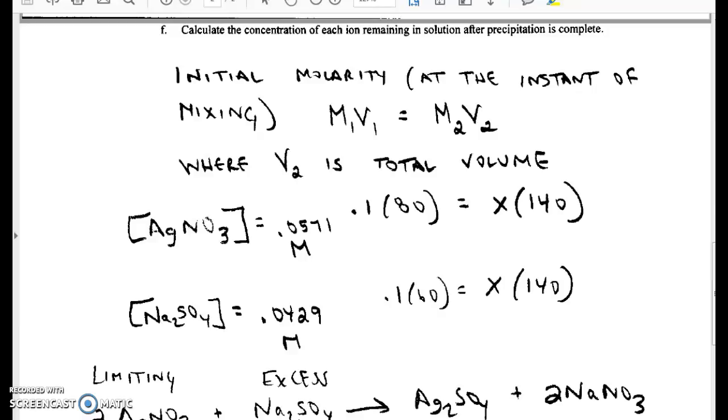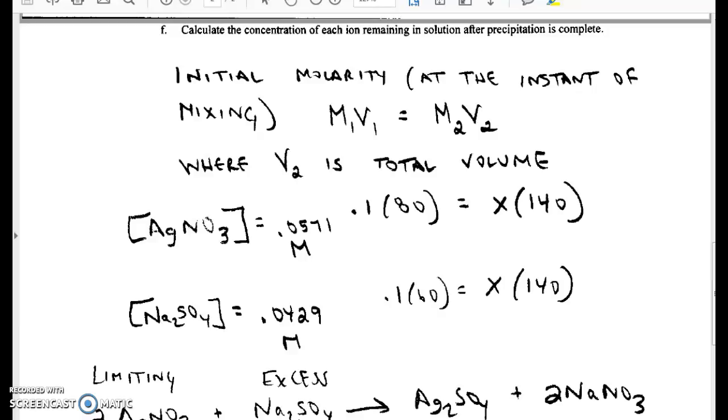So for the silver nitrate, what that means is that we have 80 milliliters of a 0.1 molarity solution that is then mixed and combined together with the 60 milliliters of the other solution for a total solution volume of 140 milliliters.